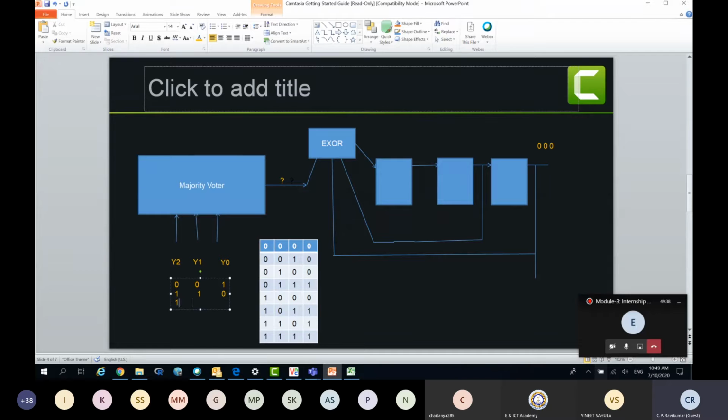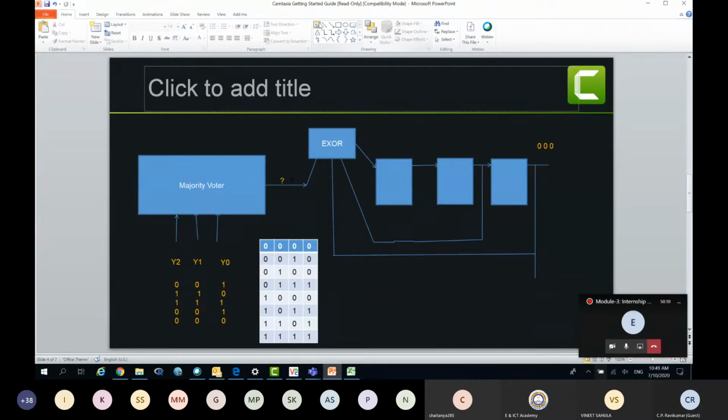And 0. I have got some inputs to the majority voter. Okay. Now you tell me, simulate it and tell me what the output should be.